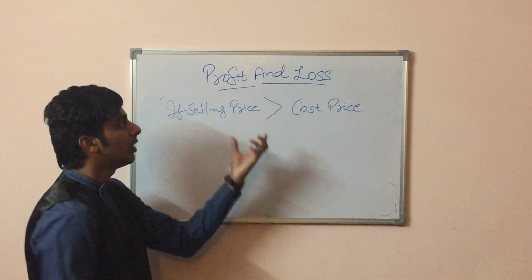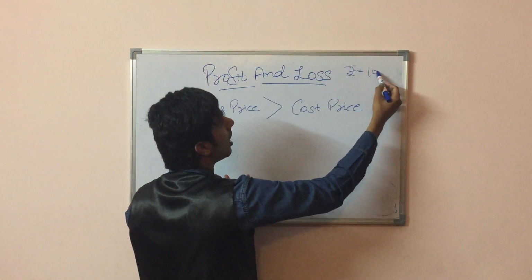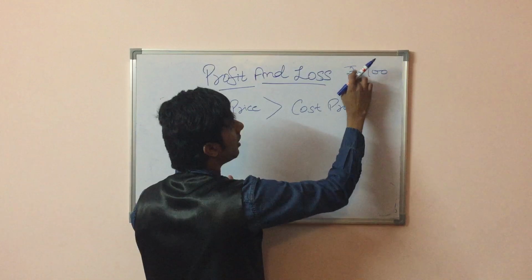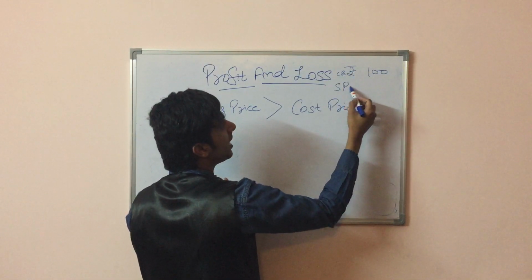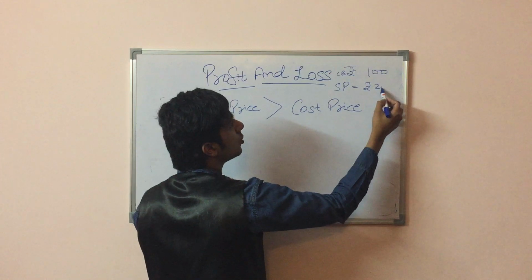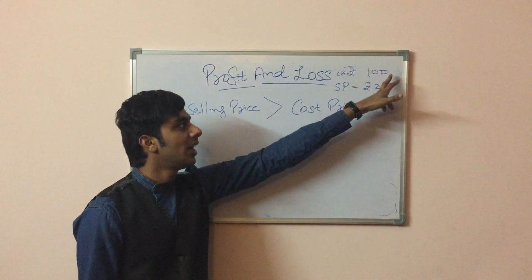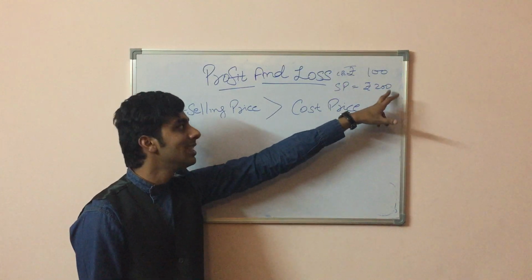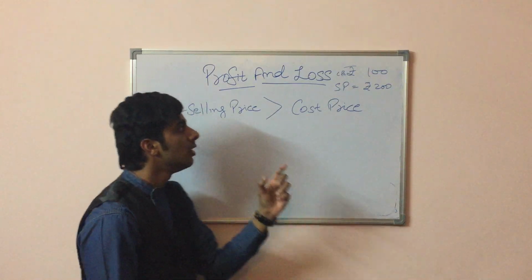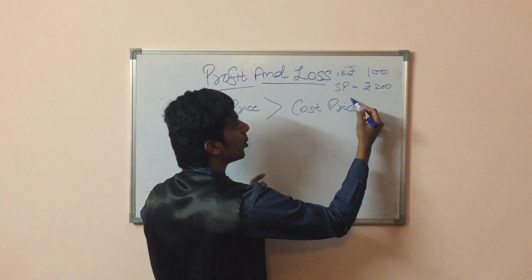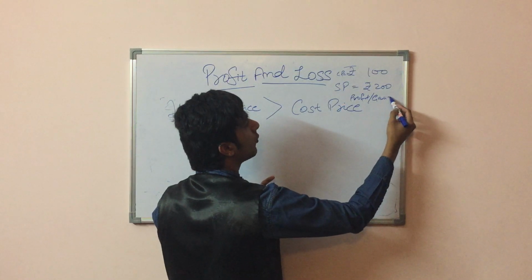Suppose if you buy a product, let us say if you buy a product for rupees 100, right? Suppose if you buy a product for rupees 100 and you sell a product for rupees 200. A normal example, if you buy a product for rupees 100 and if you sell a product for rupees 200, then you have a profit of rupees 100, right? So that profit is called as profit or gain of rupees 100.